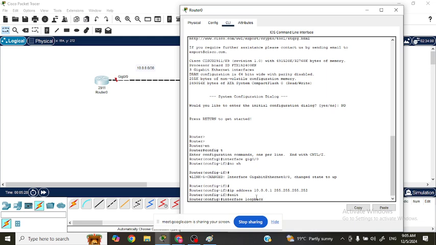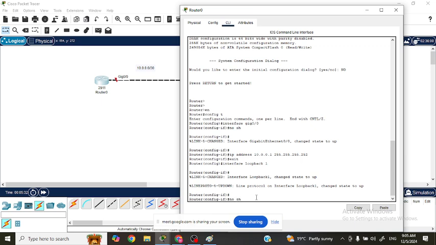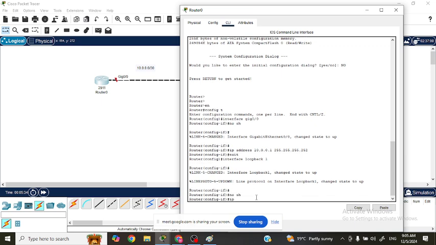Interface loopback 1, no sh, IP address 127.0.0.1, 255.255.255.252. Is it clear, guys?